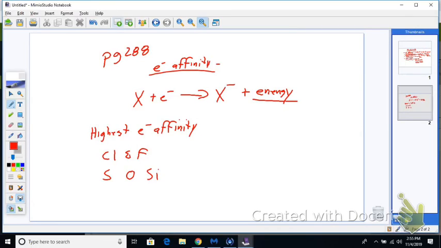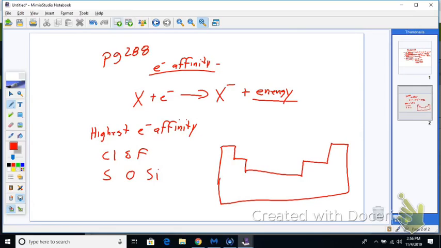So when we look at our periodic table, terrible periodic table, by the way, we've got hydrogen, fluorine and chlorine. Then we've got oxygen and silicon.